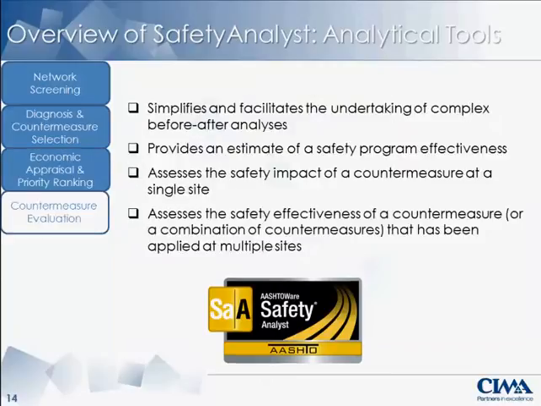And the next tool is a countermeasure evaluation. Before and after studies in road safety are complex because the idea is, after you implement, you compare your after period with your before period, right?